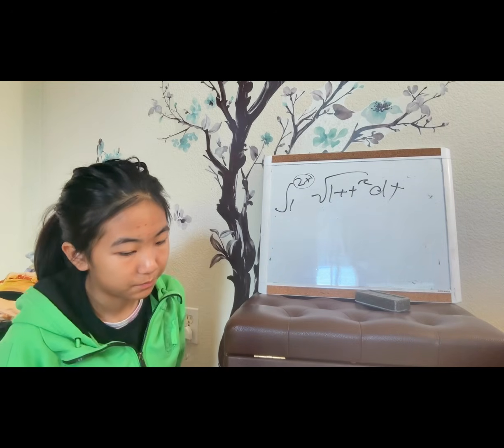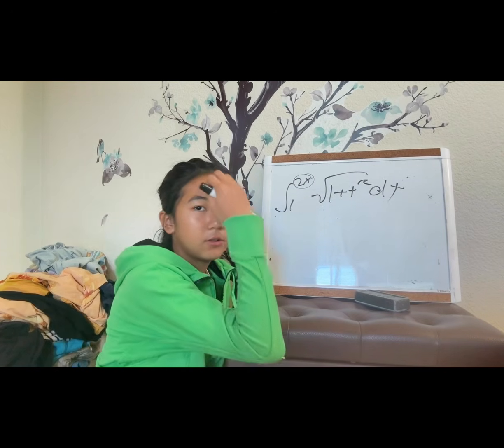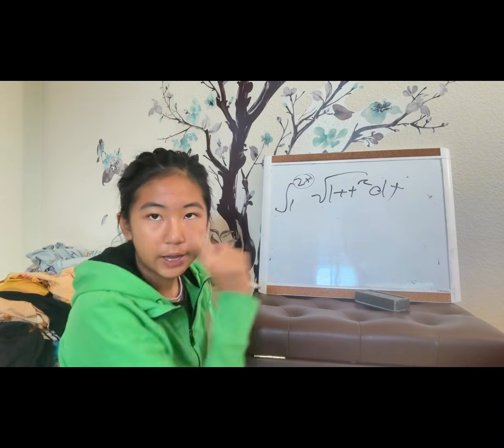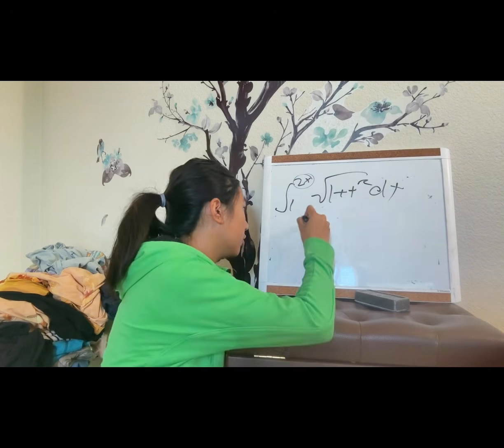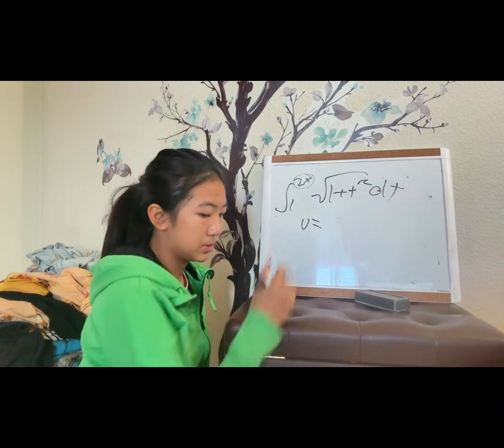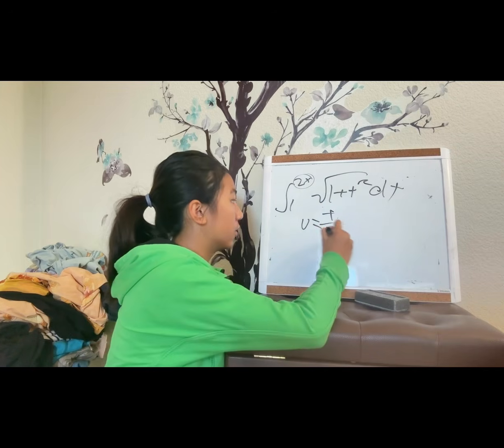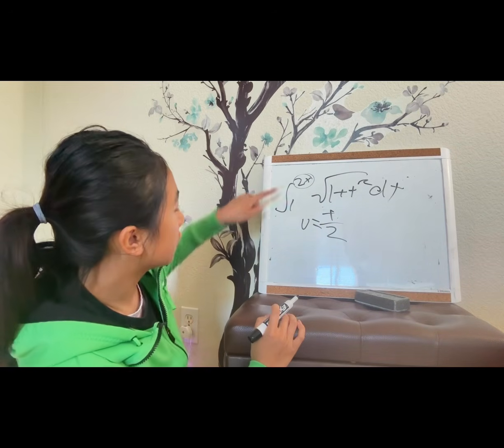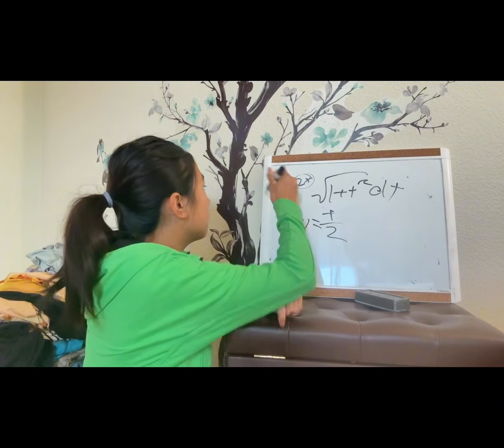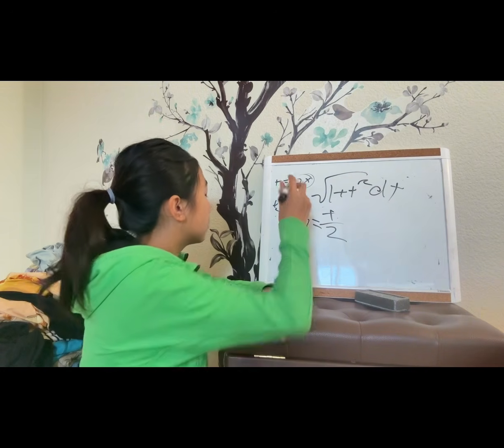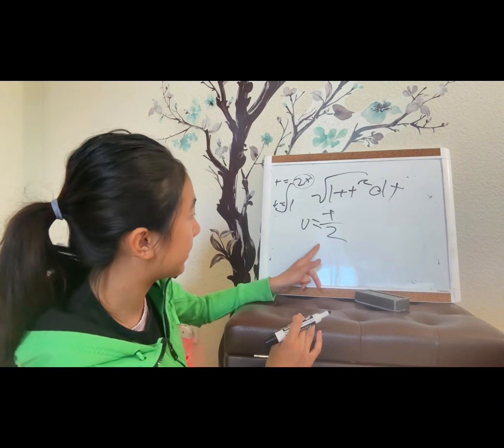Okay, so let's say I have another variable called u, which is equal to t over 2. So t is equal to 2u.